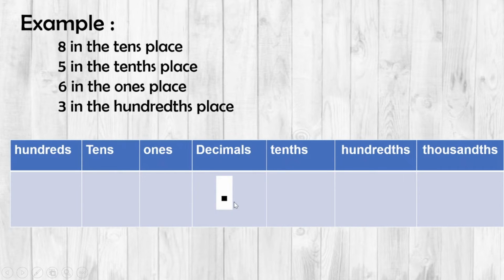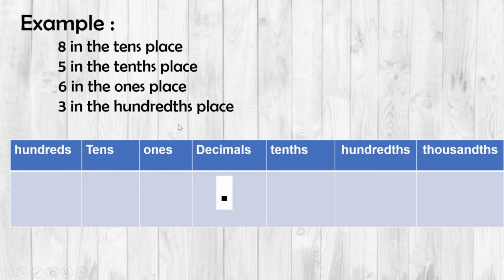And after ng decimal, ito yung tenths, hundredths, thousandths. Tatandaan palagi, yung nasa right side ng decimal, yun yung tenths, yung may TH. Hundredths and thousandths after ng decimal. And yung before decimal, those are whole numbers.